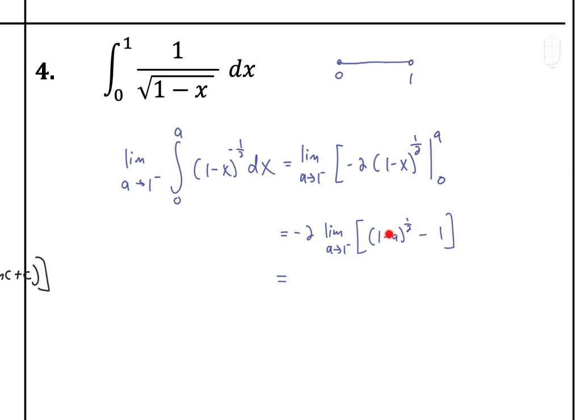But this is approaching 1 from the left, so that's okay. A number smaller than 1 keeps this positive. So this really is just going to go to 0, and this is just negative 2 times negative 1, which is 2.